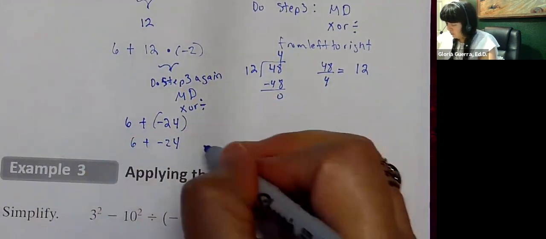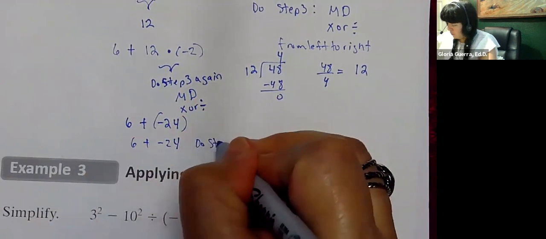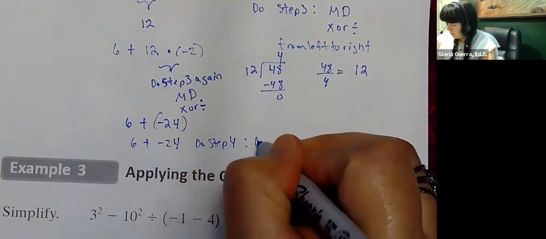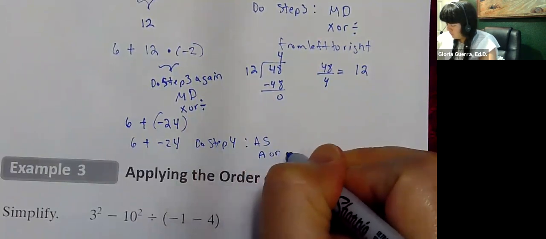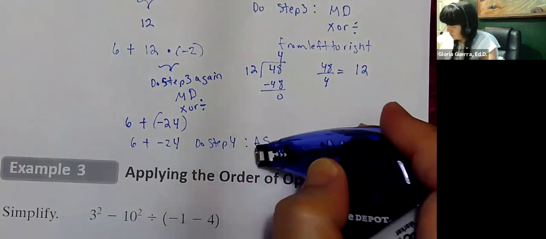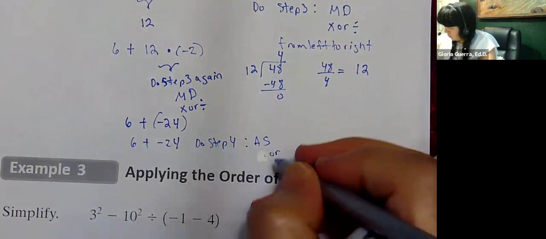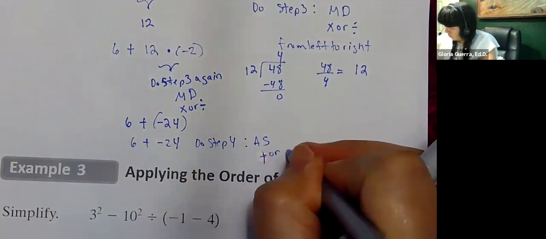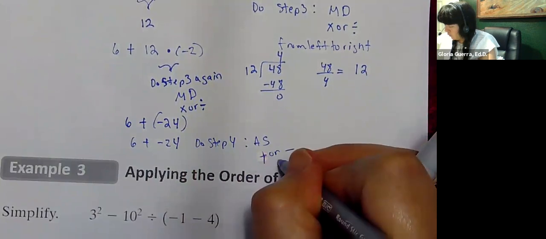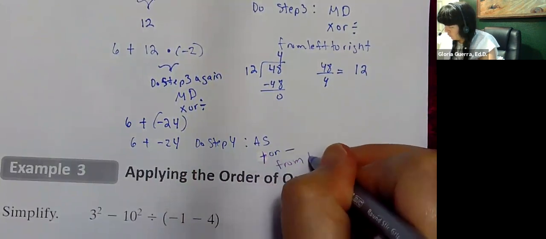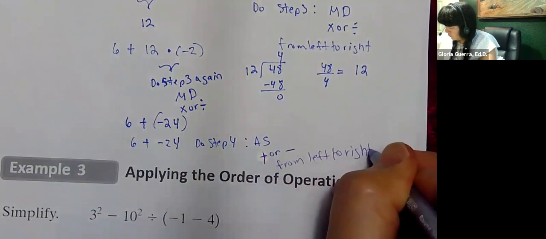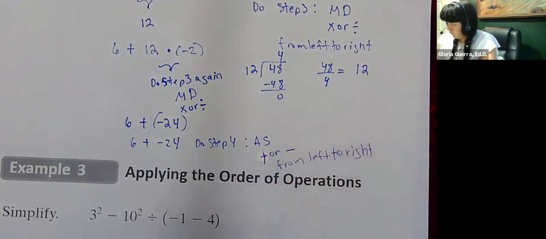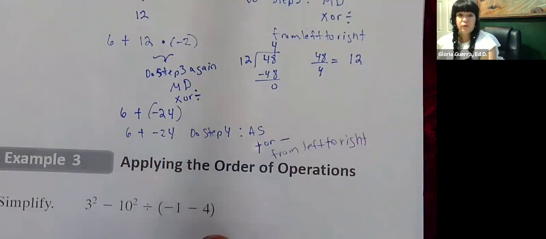Okay, and now you're going to do step 4, which is the adding or subtracting, from left to right, whichever comes first. So you've got 6 plus negative 24.